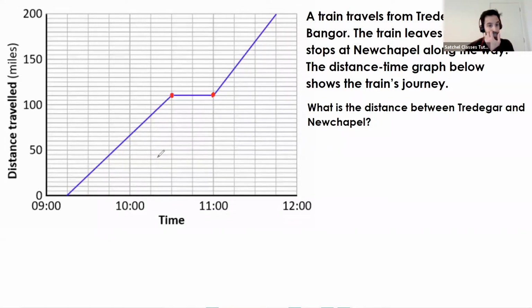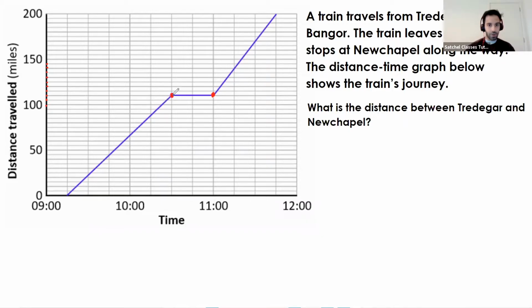So the distance, well, that's going to be up to here is 100, and then we have 1, 2, 3, 4, 5, 6, 7, 8, 9, 10. So 50 divided into 10 parts, that means each part is going to be 5. So that's going to be 105.